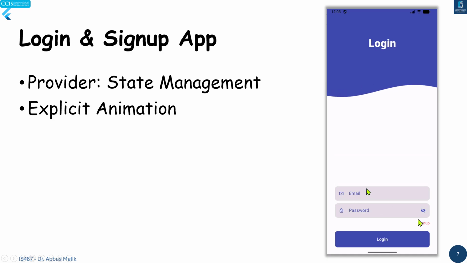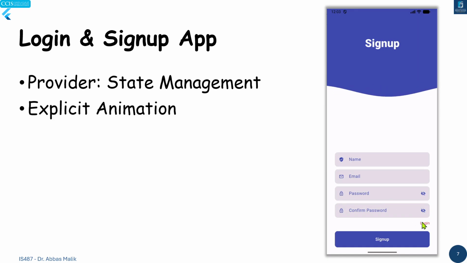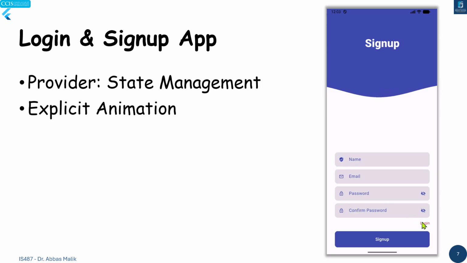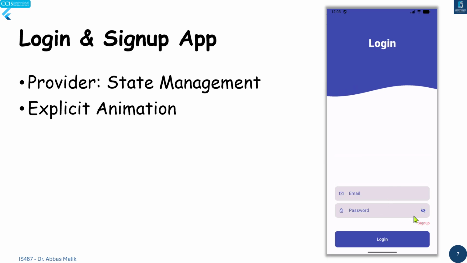One is the sign up widget, where the user needs to provide the name, the email, the password, and the confirm password. But when it is on the sign in or login page, the button changes accordingly, and we need to change the input fields as well.